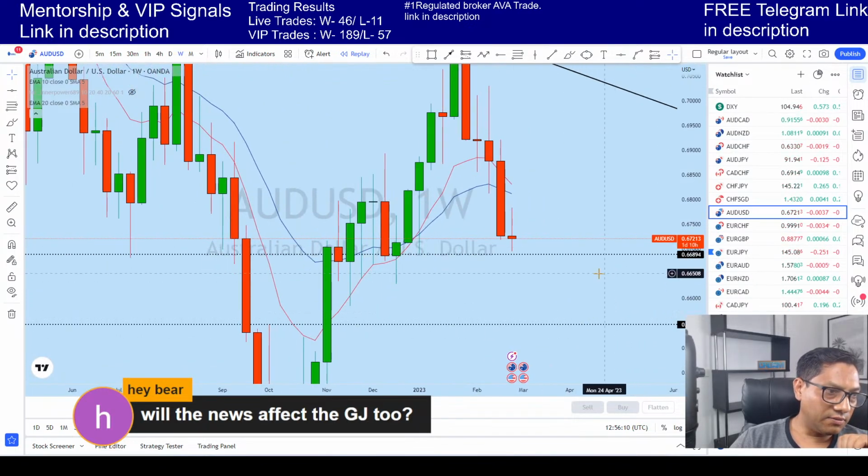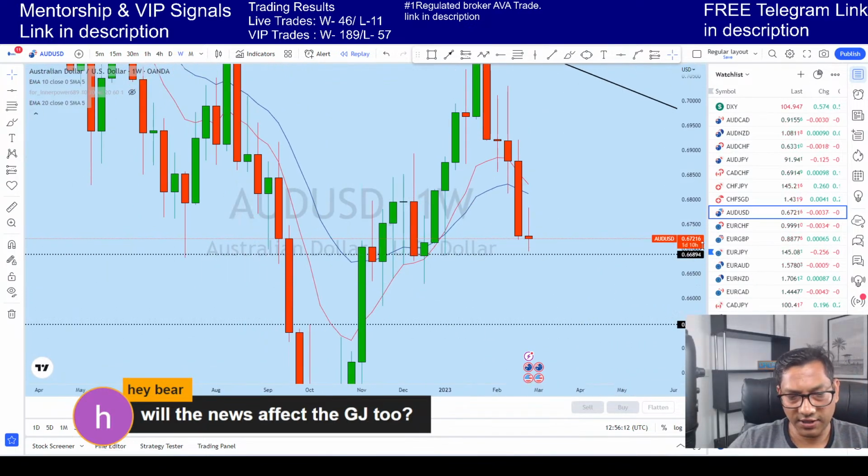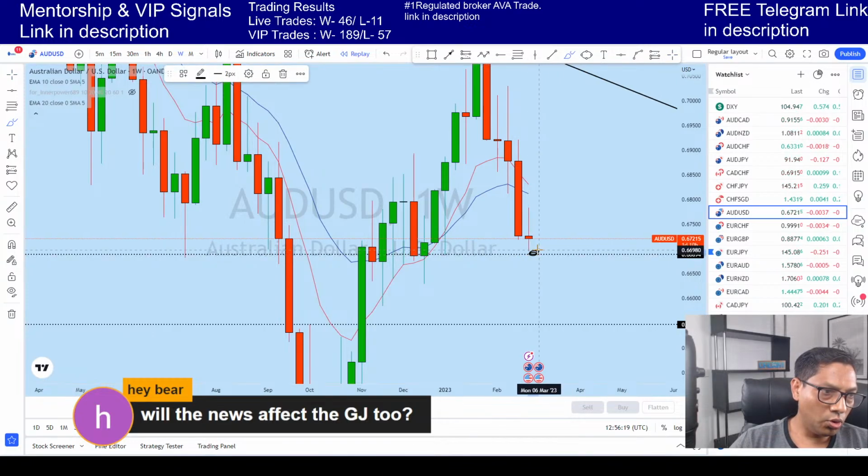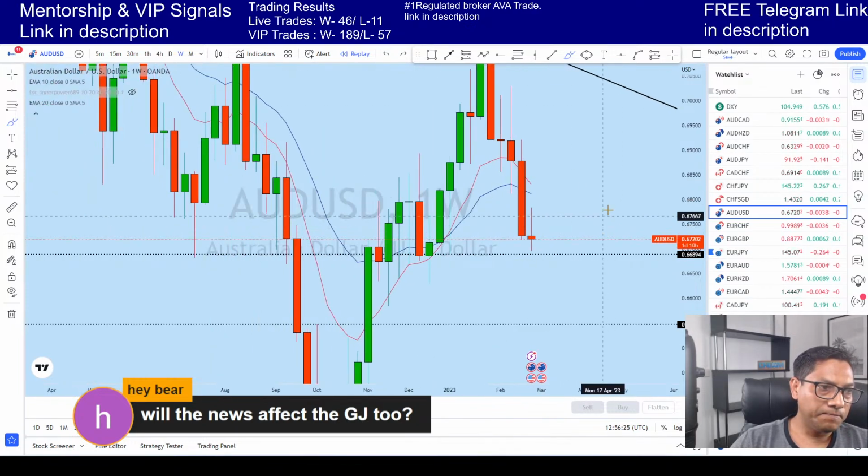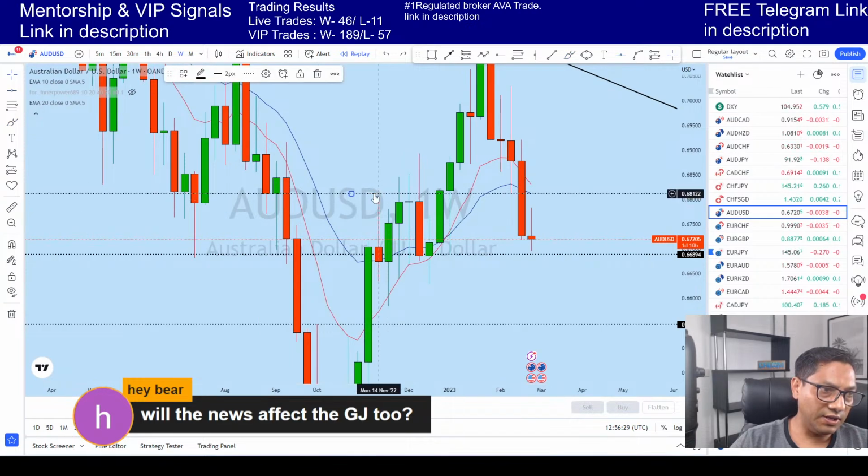Because this is the weekly candle and there's only one day remaining before the weekly close, I think that after dropping to this support, we might see AUD USD reverting back on the weekly. Why? Because the market left a little bit of imbalance in this area. So this is a probability, because you can see this support here, and also this 20 EMA on the weekly is basically a support, and the market has left an imbalance.